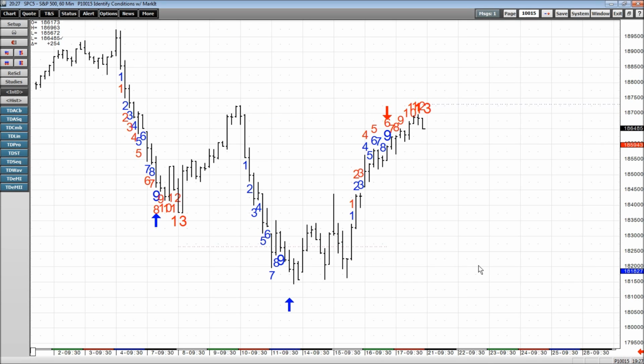Now we're looking at a DeMark count. This is the aggressive combo count on the same 60-minute chart. Keep in mind we have the resistance that we just talked about. We have potential trend exhaustion with a 913 coming up right below potential resistance in the TDST line.